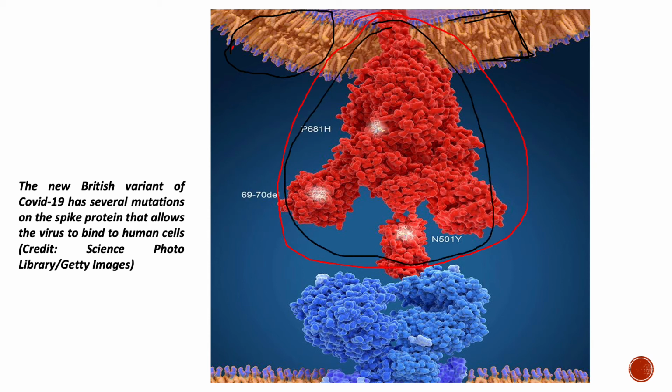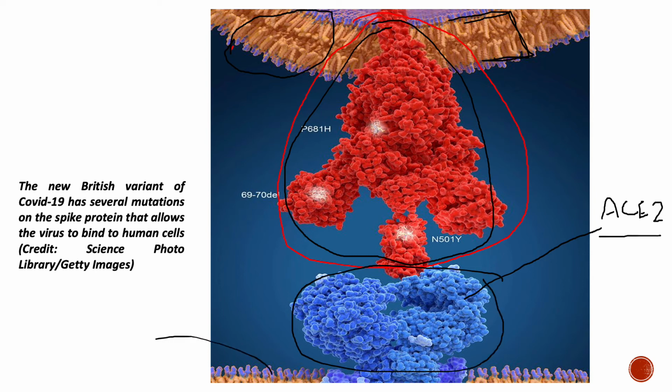And this is the ACE2 receptor, or the angiotensin converting enzyme 2 receptor. This is the cell membrane of the cell.